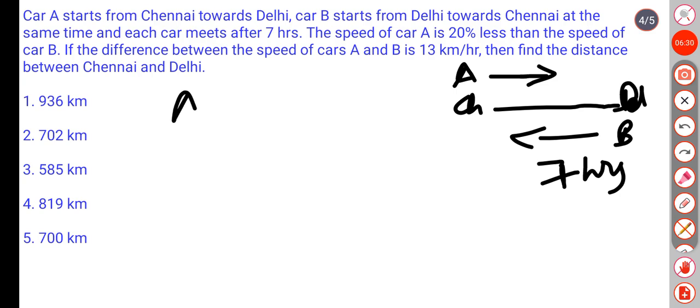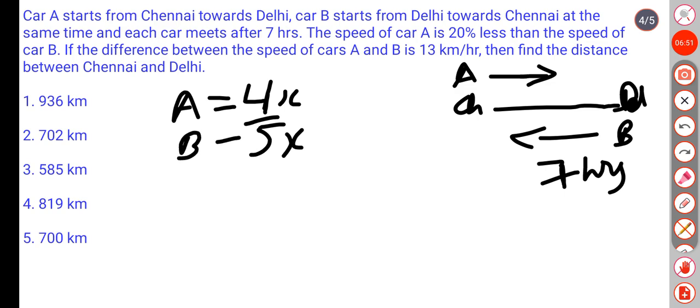That means 20% is 1 by 5, right? And it says less. That means 5 minus 1 is 4. So your A will be 4x and your B will be 5x. So this is their speed.